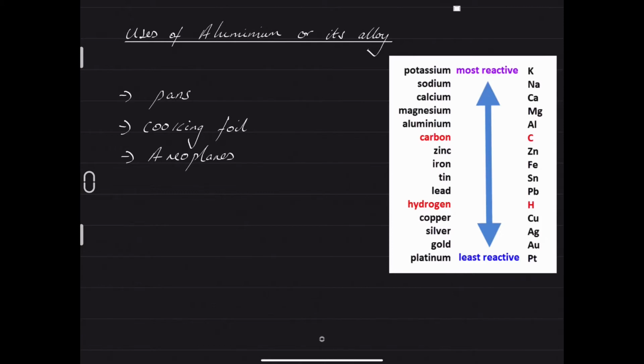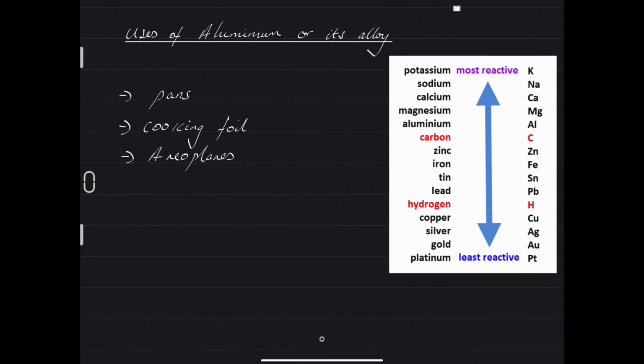You can see in terms of reactivity, it is quite far up the reactivity series. And yet we are using it in cooking foil and cooking pans. So how could we be using aluminium for cooking foil and cooking pans if it's quite reactive? I'll give you a clue. It's something to do with the air.